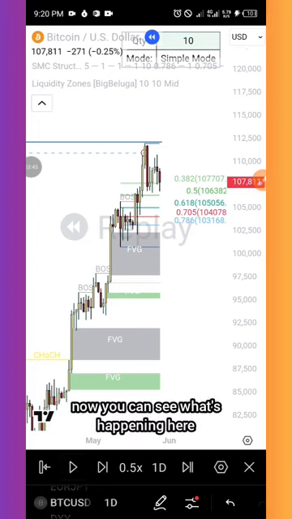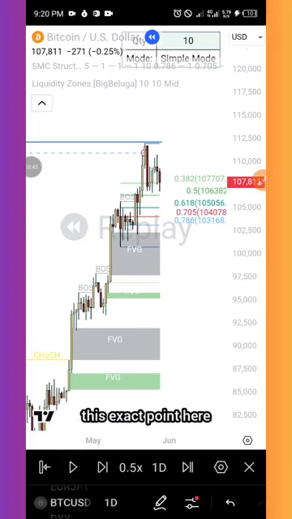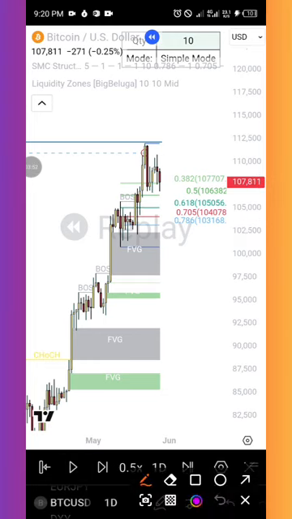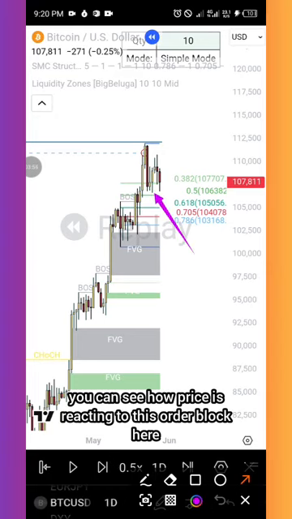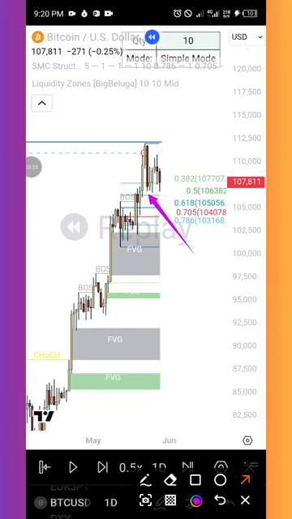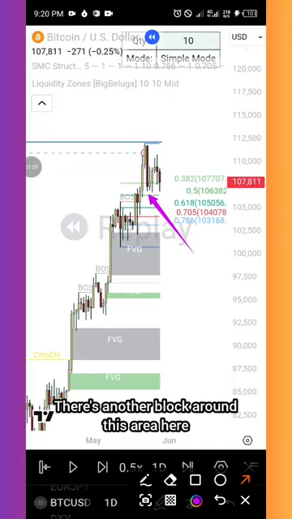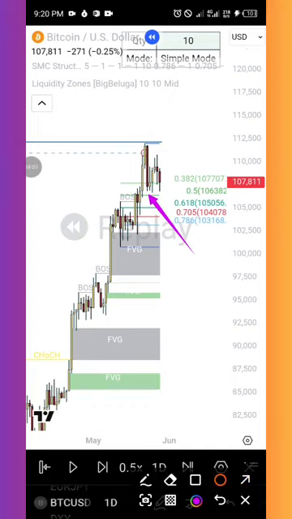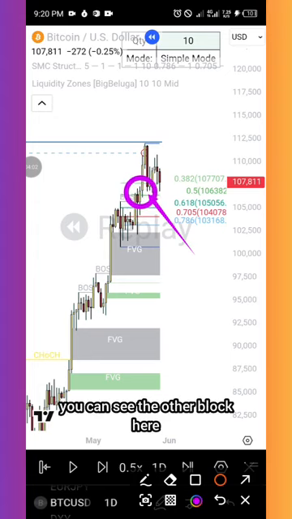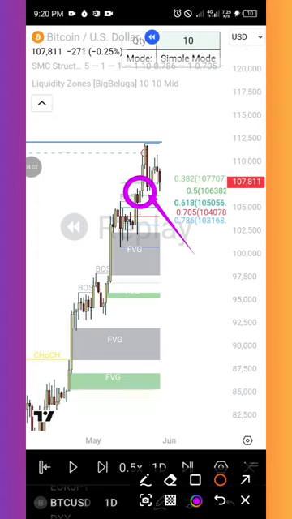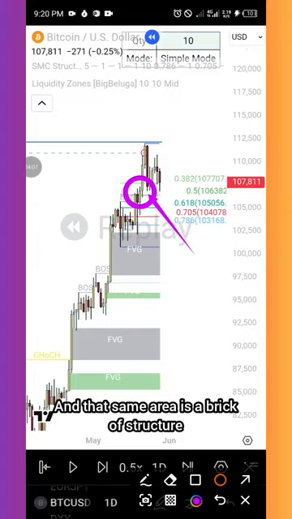Now you can see what's happening here. This exact point here, you can see how price is reacting to this other block here and this break of structure. There's another block around this area here, and that same area is a break of structure.